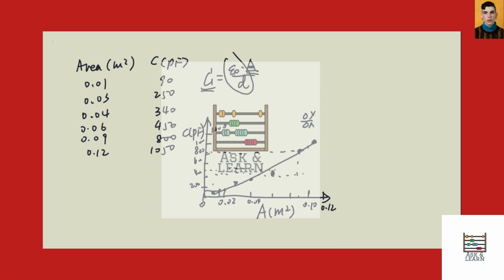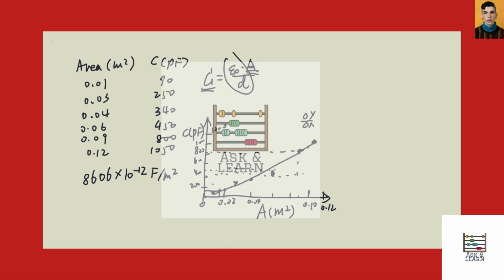I actually used a spreadsheet to help me calculate the slope of the best fit line, and I got the number 8.606 times 10 to the negative 12 farad per meter squared.